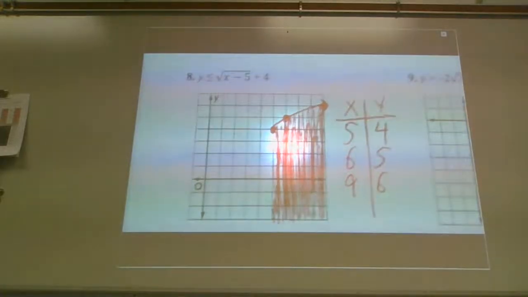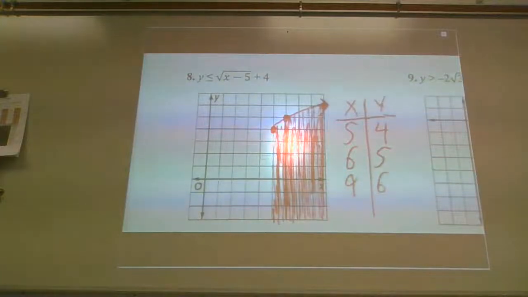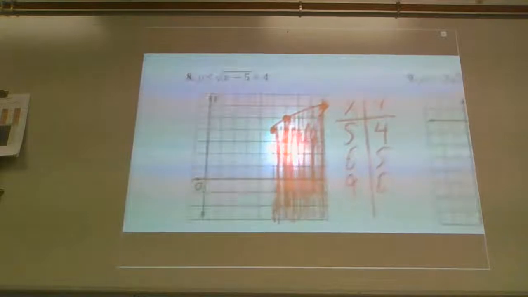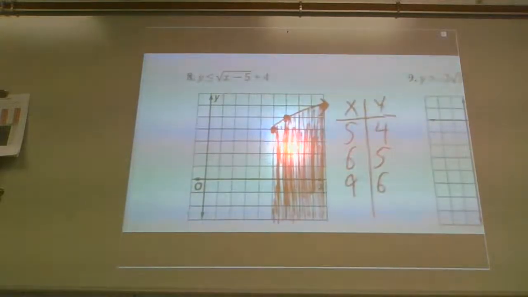That's literally all you have to do for that problem. You don't have to do anything with domain and range because they don't ask for it. You draw the proper square root curve as we normally did. Find that table of values using the graphing calculator. You could easily determine where you're supposed to shade. Well, less than means below and greater than means above.